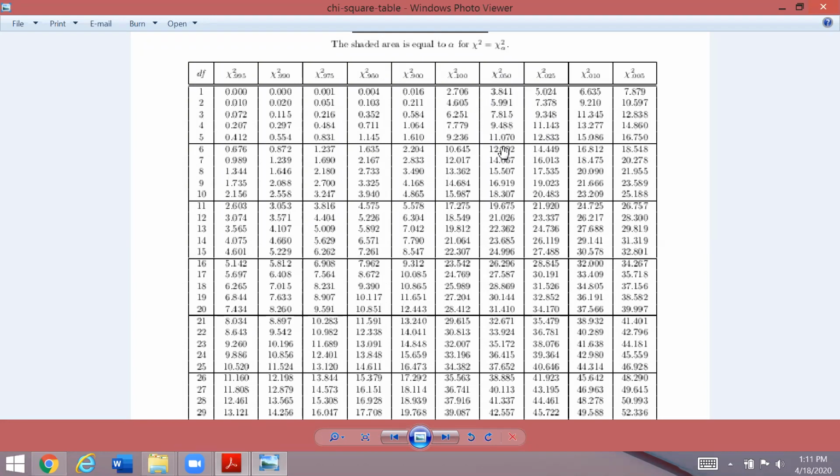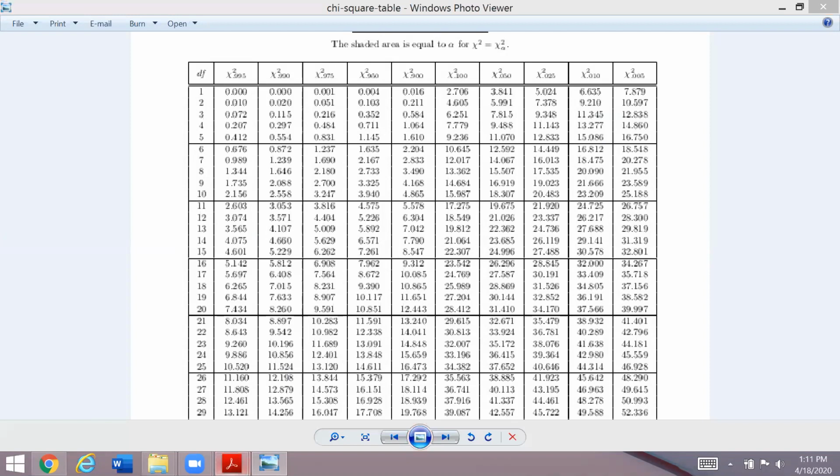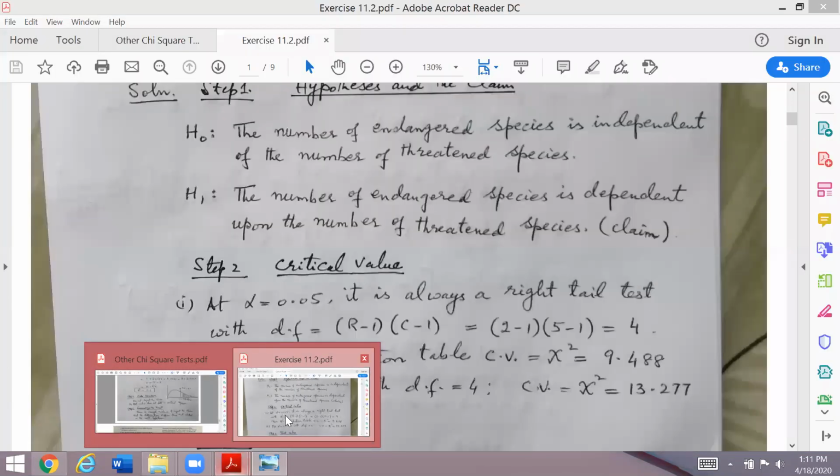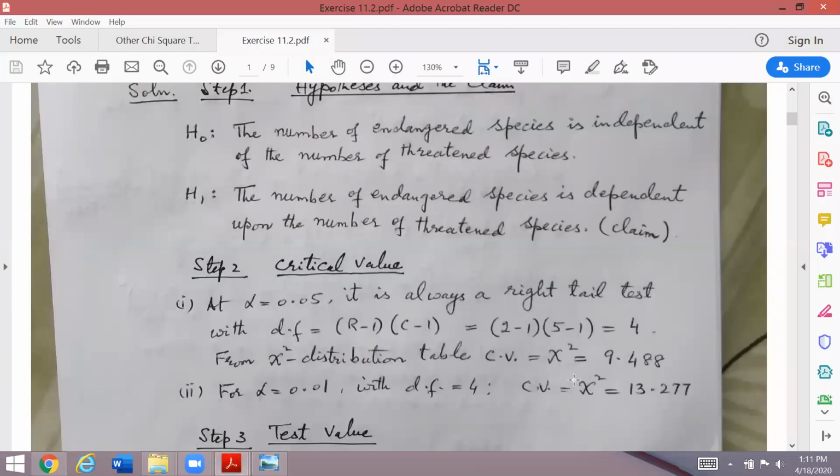My first critical value at alpha equal to 0.05 is 9.488, right? And at 0.01 it should be 13.27. Let's see. Yes, when alpha is 0.05, the answer is 9.488. And when alpha is 0.01, with the same degree of freedom, the critical value is 13.27. Critical value is over.